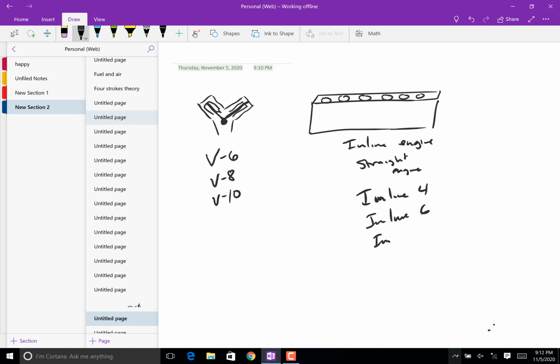Chevy had an inline 5 recently. Volvo's made 5 cylinders before. Back in the 30s or 40s, Packard, and I think Buick also, made inline 8s, straight 8s. When they're inline 6s and inline 8s, we usually refer to them as straight 6s and straight 8s. But anything else, typically you just say inline.